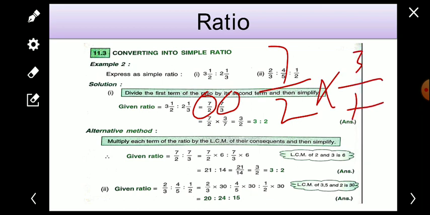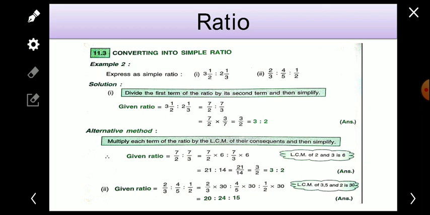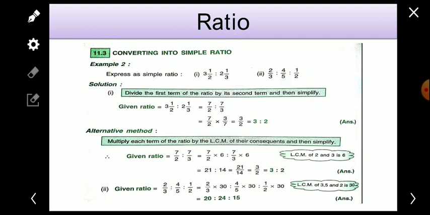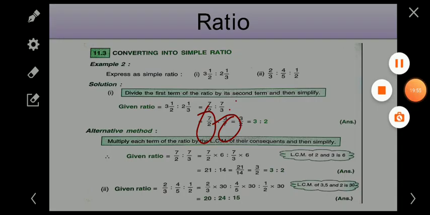Understand? I repeat, when 7/2 is to 7/3 is there, we will just multiply the first term by the reciprocal of the second term.